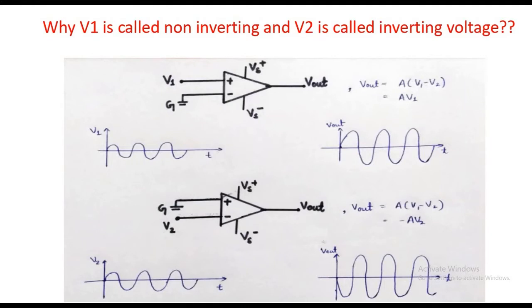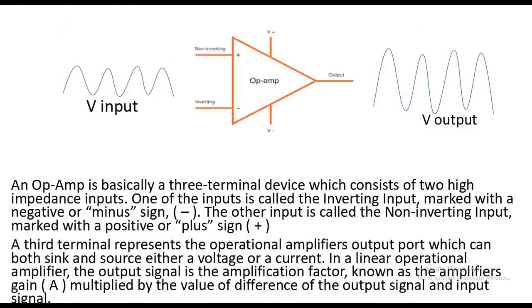The phase is not changing in the first case, while in the second case, if we ground the first terminal, we can see that the phase of the output voltage is changed by 180 degrees. That's why it is called inverting.